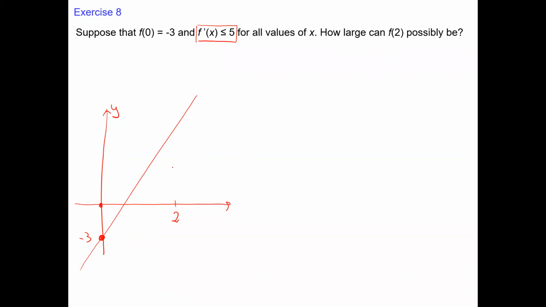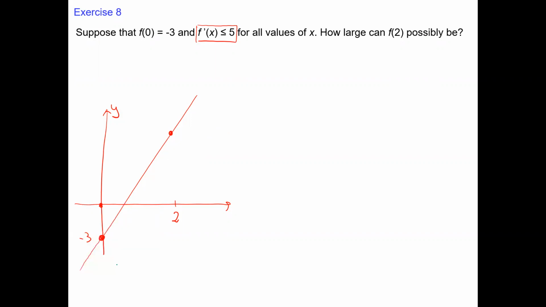The point at 2 definitely can be on that tangent line, since that is the slope. It could be a little bit lower, because the average rate of change must be the same as the slope of the tangent line, but since we're looking for the highest, let's keep that point.